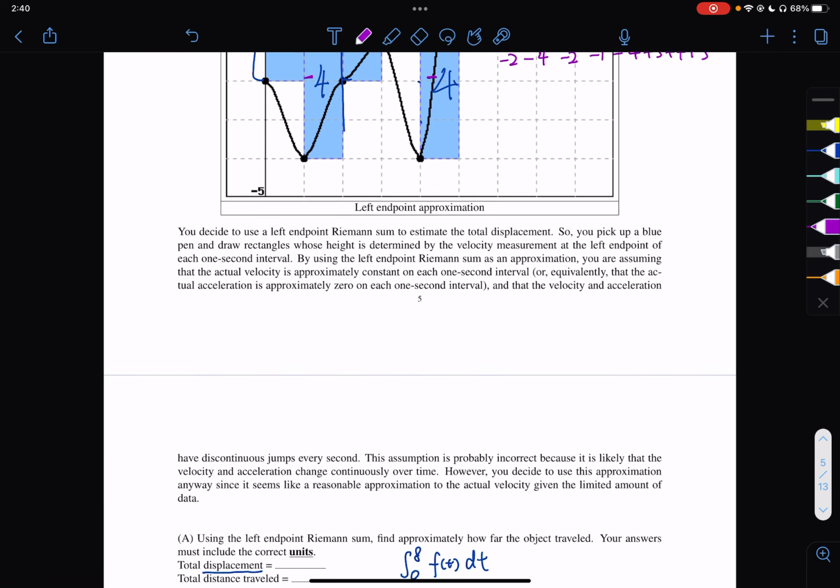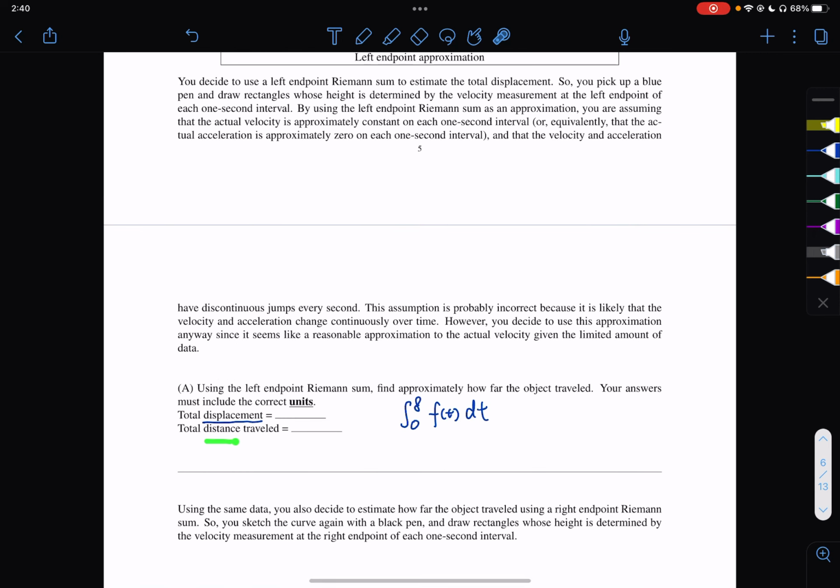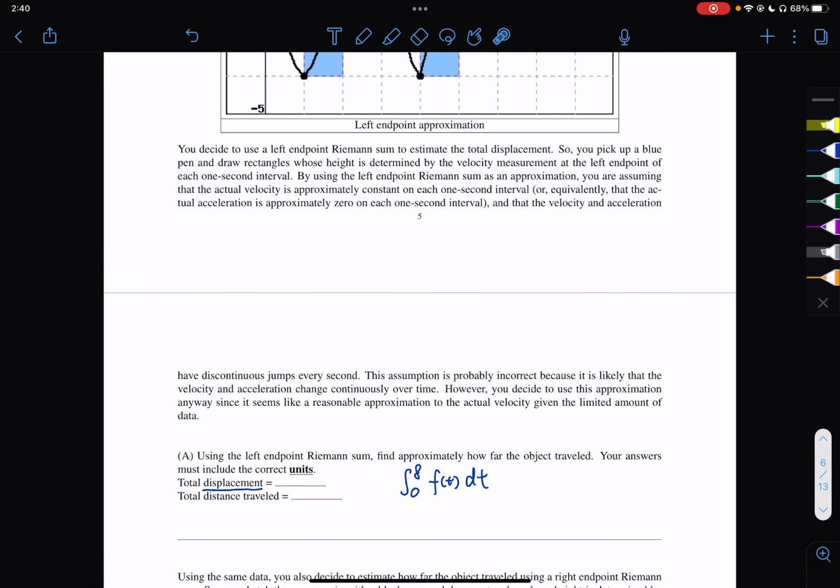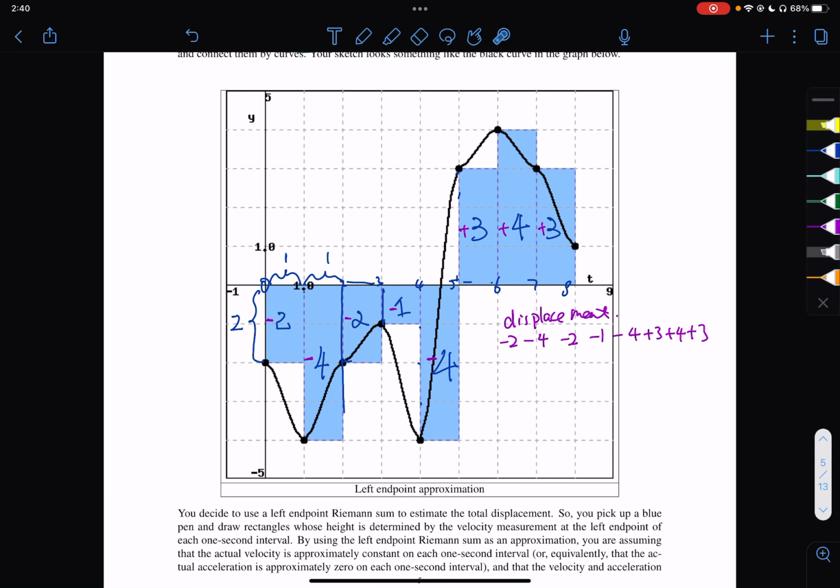Well, you may say, what about the other one? What about the distance traveled? Well, distance traveled is not net area. They are no longer considering the direction. So naively speaking, if this is where I am, going negative means I'm moving towards a negative direction. Having a positive area means I'm moving towards the positive direction. So your displacement considers the direction you are moving.